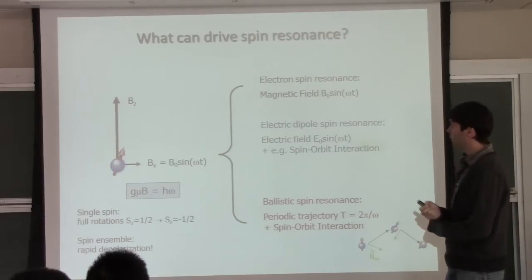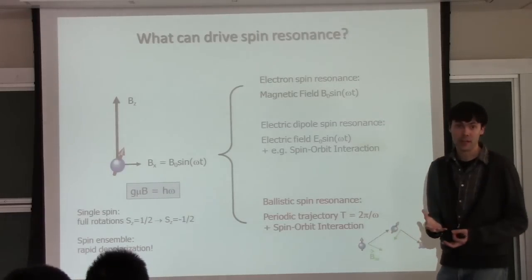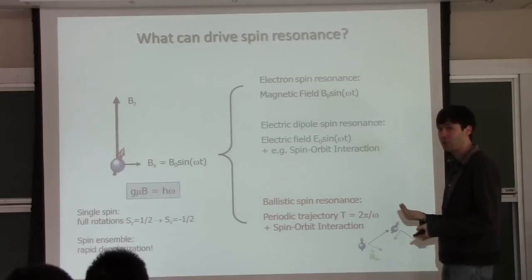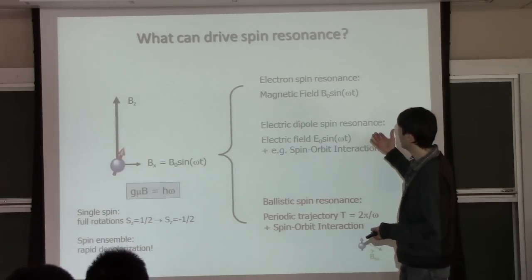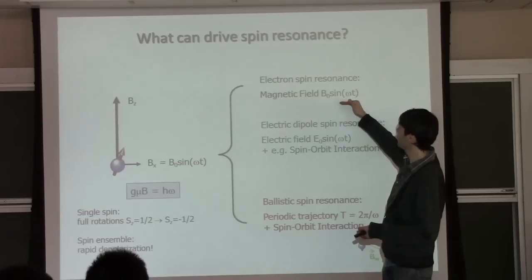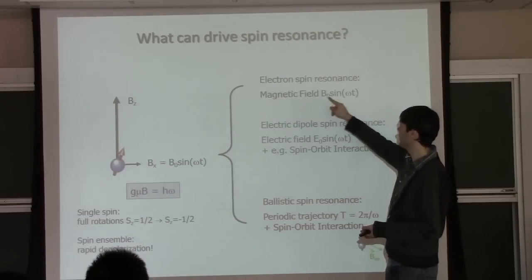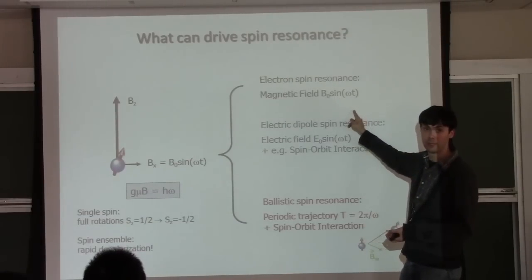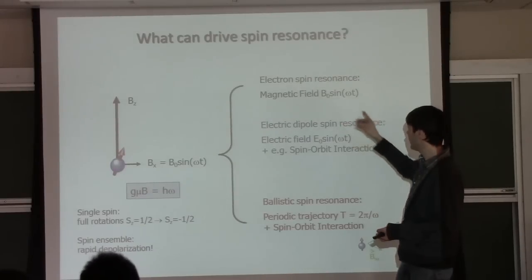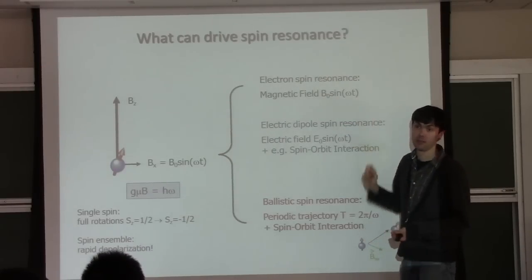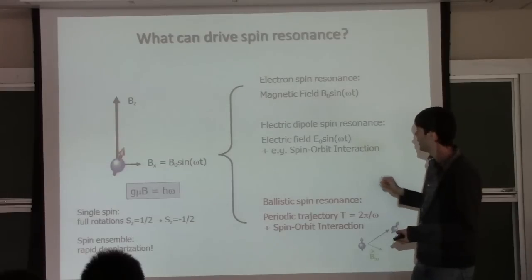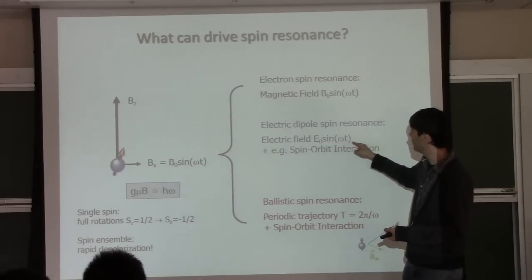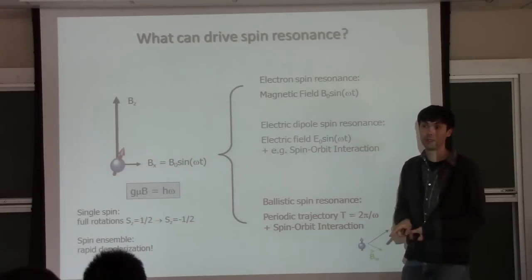Okay, so now back to spin-orbit interaction. What I just described to you as a spin resonance is called electron spin resonance, and it's induced by this magnetic field B0. We can create this kind of dependence by an electric field, if we have an electric field of this form, but also spin-orbit interaction.